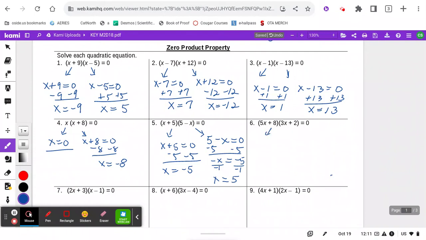When we get to factors with coefficients in the front of the x's, like 5x plus 8 or 3x plus 2, instead of one-step solving, we have two-step solving.